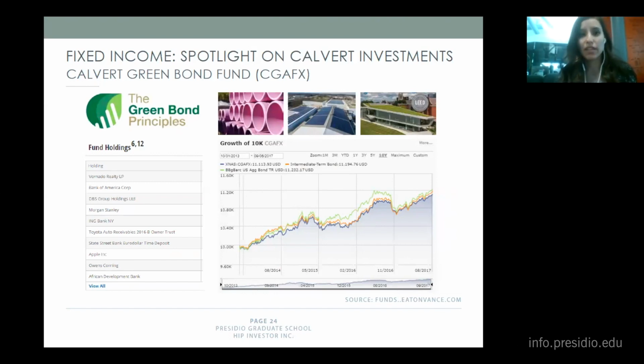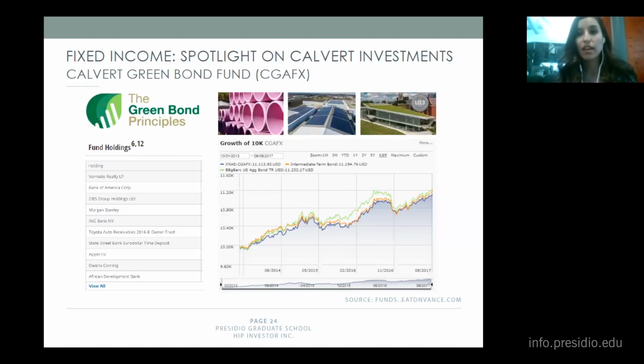CALVERT has a number of funds that can be invested in, but today, in particular, we're highlighting their Green Bond Fund. So for those of you who may not be familiar, green bonds are designated according to the Green Bond Principles, which is a set of guidelines that promote transparency and disclosure around the use of funds for some type of sustainability project.